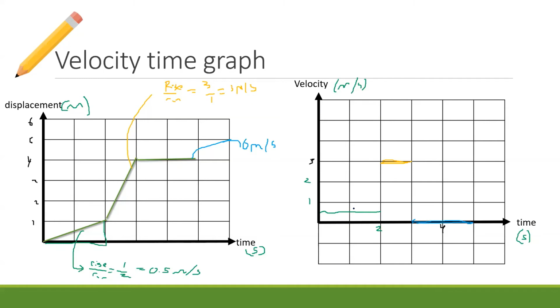So there you go. Now it's moving 0 meters per second. And the last one is going to be this line here. So I'll get you to draw that in and then we'll work it out.